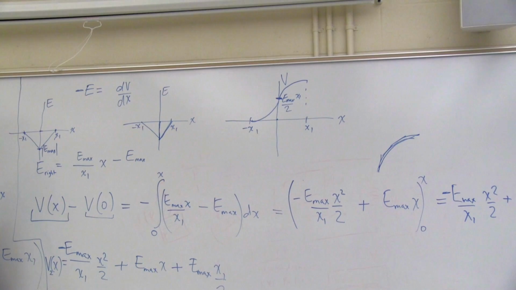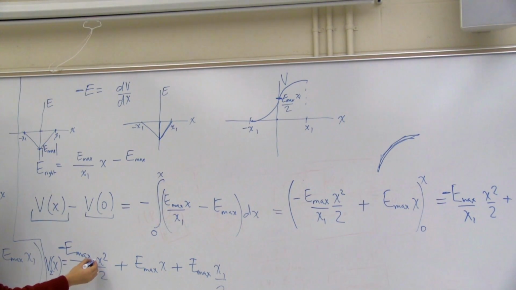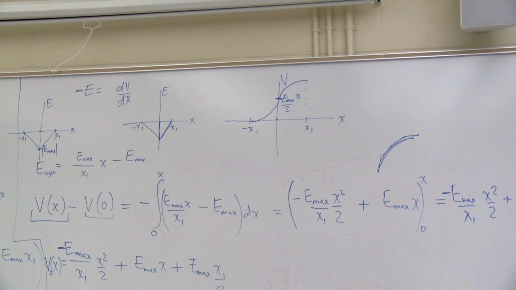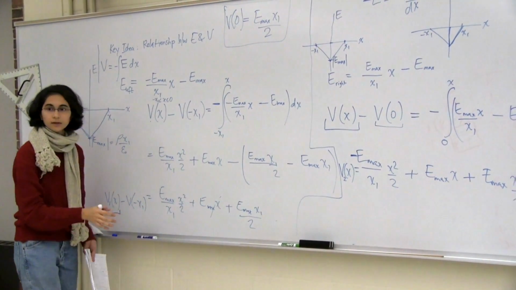Well, it's harder to explain now that you called them. Yeah. No, that's okay. So you look at the coefficient of x squared. If it's negative, you have something that's curving down, and if it's positive, that was when we were calculating V of 0.